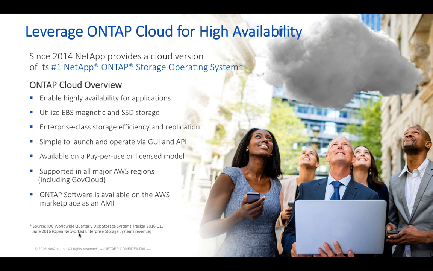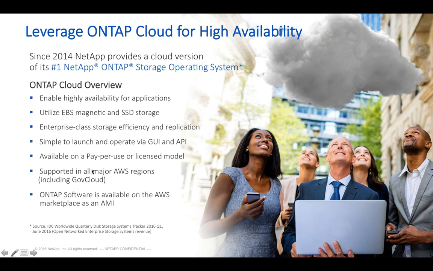So this brings me back to the diagram that I showed you before about OnTap Cloud. Some of the key things here are being able to leverage OnTap Cloud for applications that require high availability. We can do this across EBS magnetic as well as SSD storage, the GP2 storage environment. We keep all of those features that I mentioned earlier, from storage efficiency and replication.